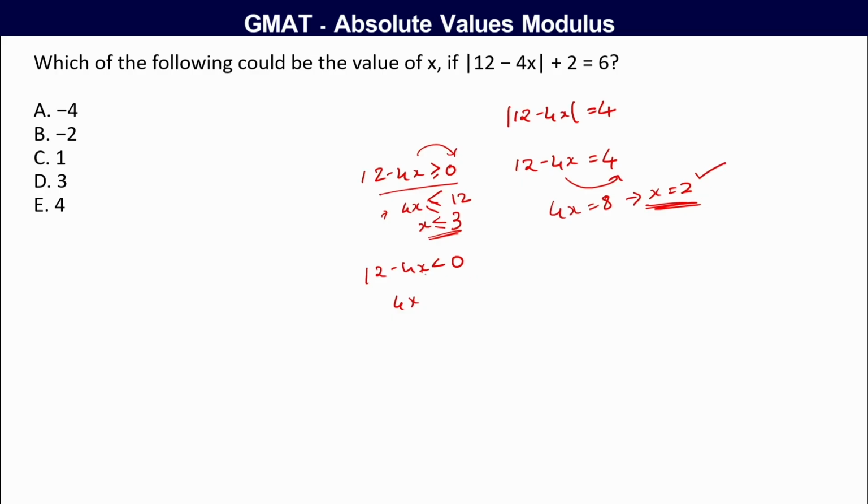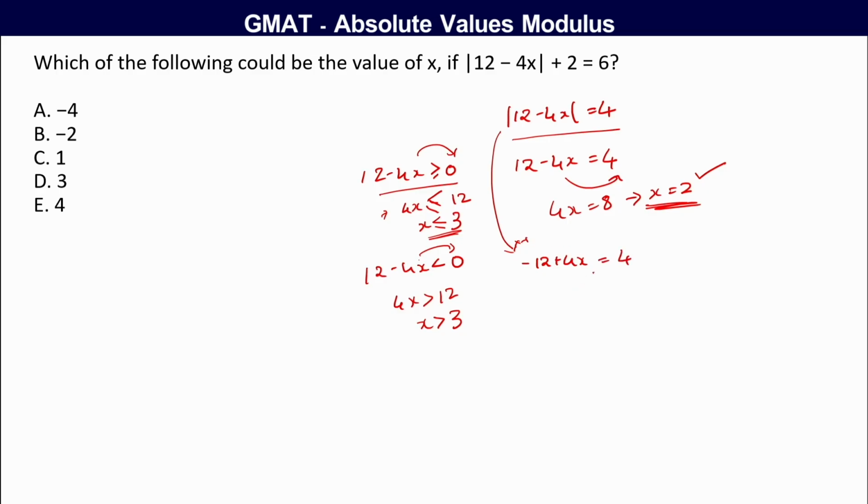Now, let us check when this is a negative number. When 12 - 4x is negative, taking 4x to this side, 4x is greater than 12, that is x should be greater than 3. At that time, when you are opening the modulus, you will multiply it by -1: -(12 - 4x) = 4.